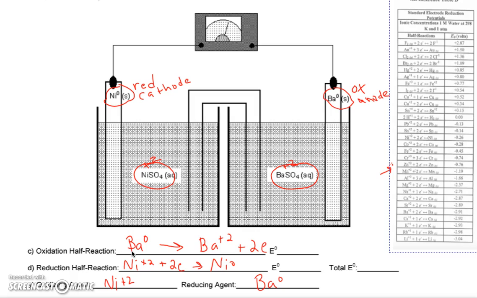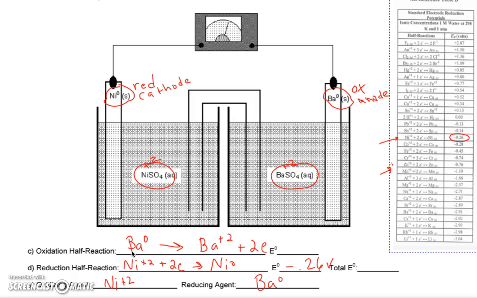We start by looking up the reduction half-reaction, because AE reference table D is all reduction reactions the way they are written. So if you find the Ni2+ turning into nickel 0, I believe that is right here. So our voltage right there is negative 0.26 volts.